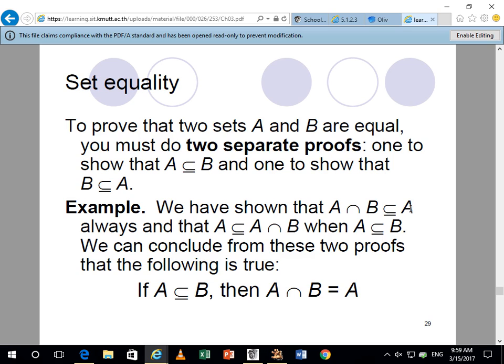Because in the second case, we have a condition here: A is a subset of A intersect B if A is a subset of B. But if A is not a subset of B, then this is not true. Actually, it's not true. We can prove that.